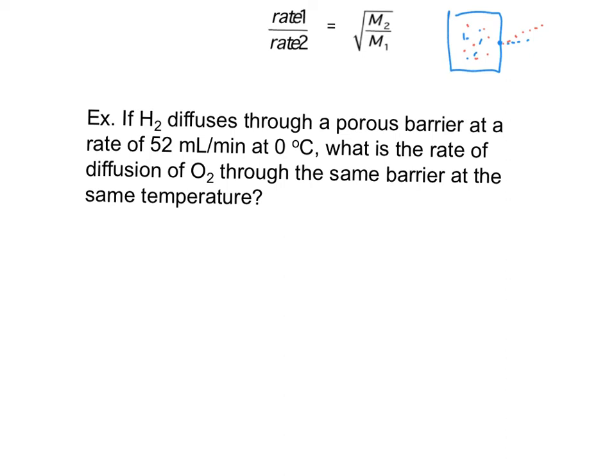So we have hydrogen diffusing through a porous barrier at a rate of 52 milliliters per minute. The temperature's the same all the way through, so that's not the issue. And so milliliters per minute would be the rate. Okay, and then we want to know what the rate is for the oxygen. So you have hydrogen, which is light, and oxygen, which is heavy.